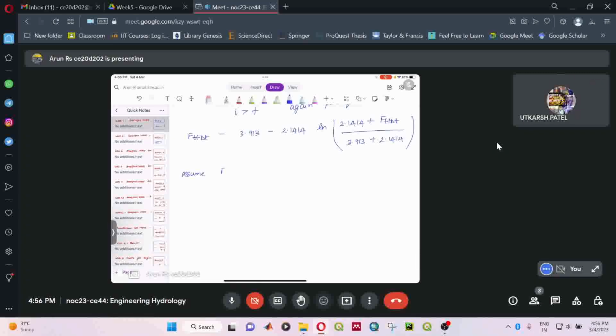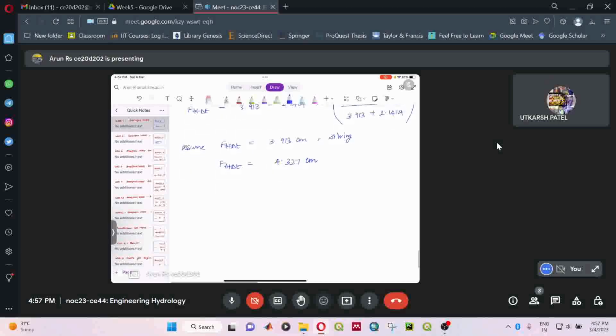So assume f of t plus delta t is equal to 3.913 centimeter. Solving, you will get f of t plus delta t is equal to 4.327 centimeters.